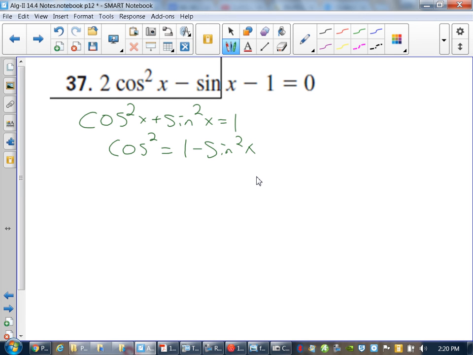In the problem, sine is squared. I know. Using the Pythagorean theorem, I have 2 times the quantity 1 minus sine squared, minus sine of x, minus 1 is 0.